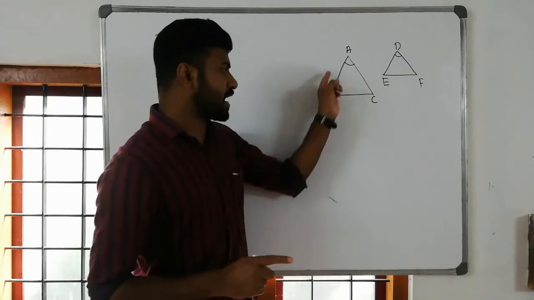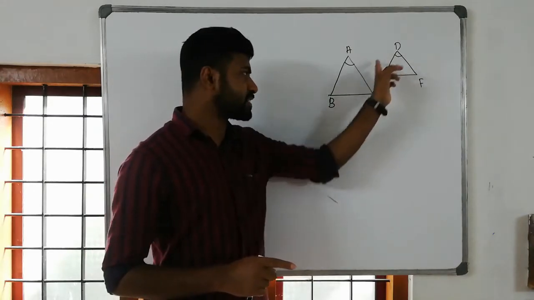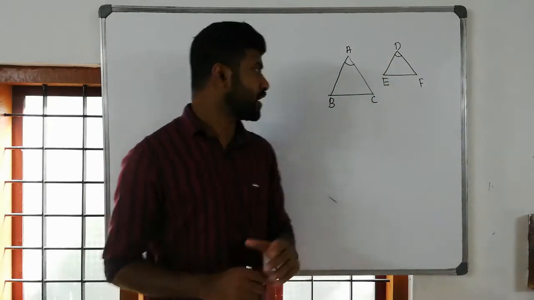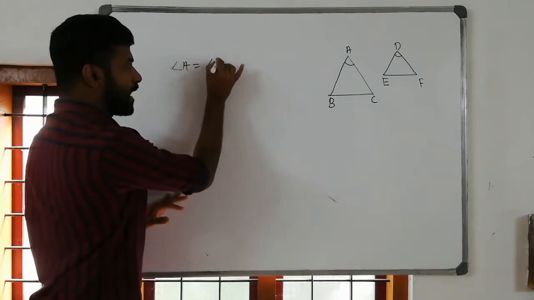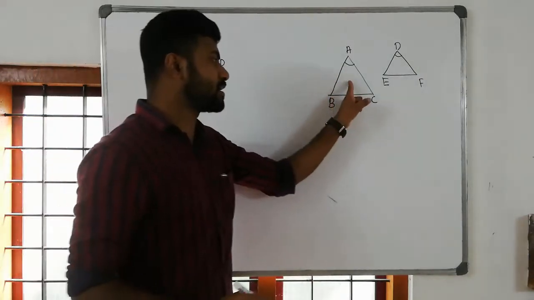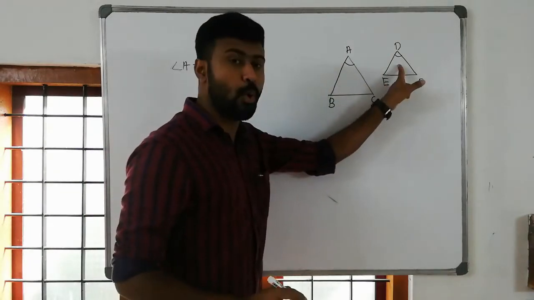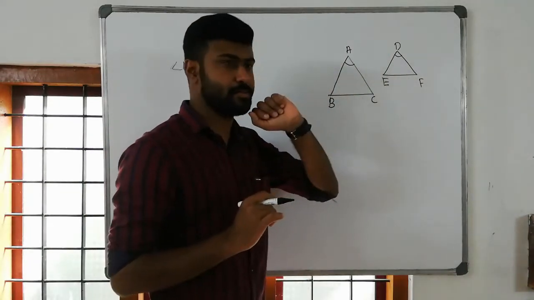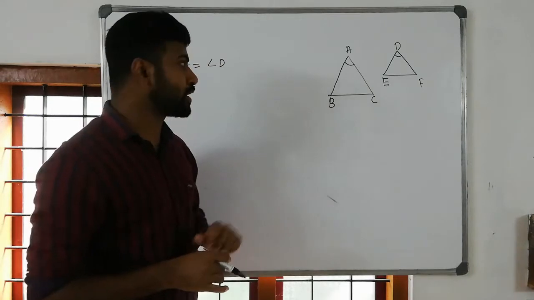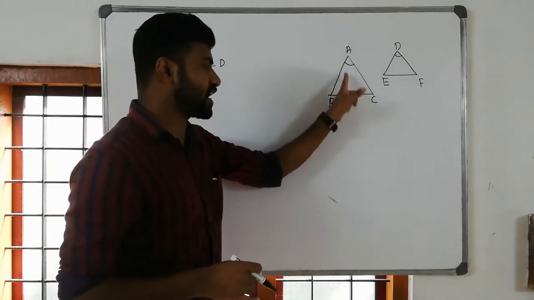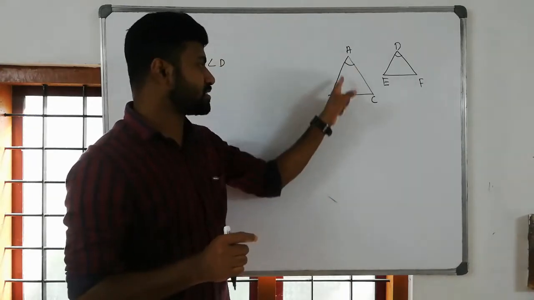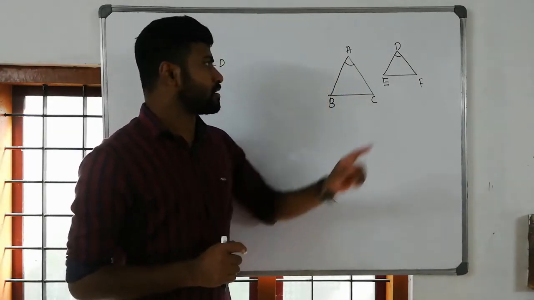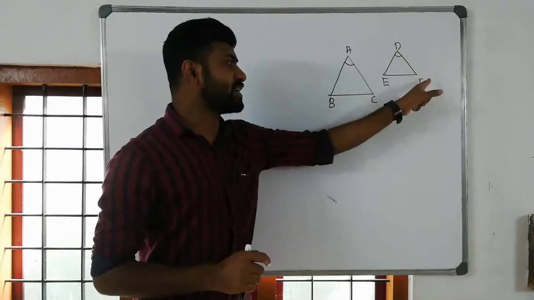Here you can see a triangle ABC and a triangle DEF, in which angle A equal to angle D. So one angle in this triangle is equal to one angle in this triangle. And the sides including the equal angles, in the first triangle AB and AC, and here DE and DF.